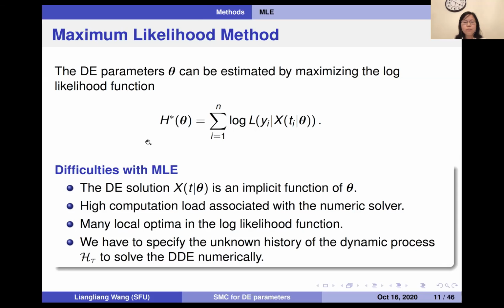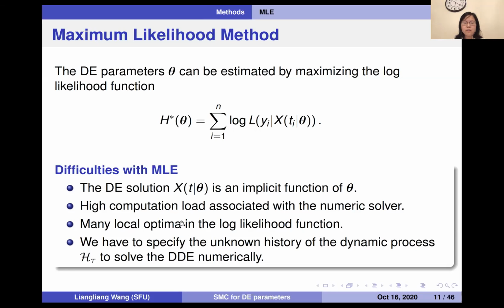However, the difficulty with this MLE is that the DDE solution is an implicit function of theta, and the numerical solver might be computationally expensive to use. There are also many local optima in the log likelihood.